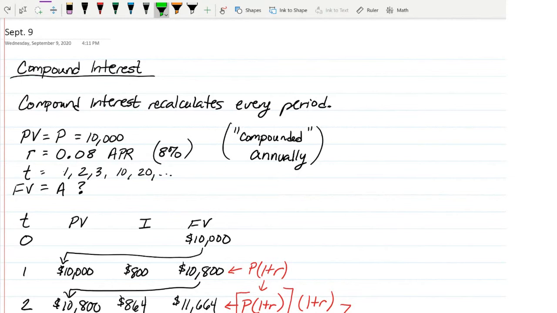In simple interest terms, I could just tell you it was 8% simple interest, end of story. There was no confusion. But now with compound interest, that 8% is going to be a little different depending on how we calculate. And the default for this kind of calculation will be the APR calculation, annual percentage rate, APR. And what that means is that over the course of the year, I'm going to earn 8%.